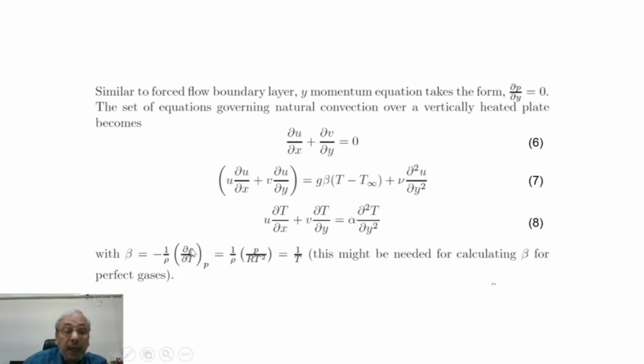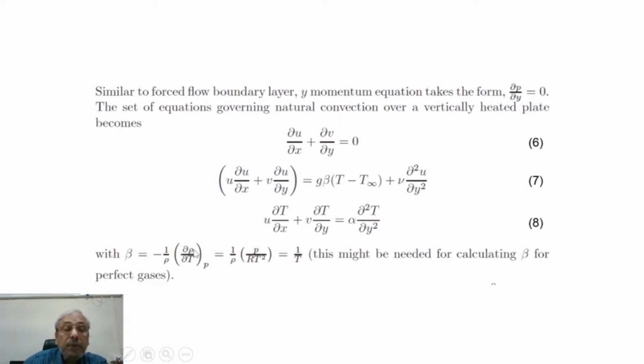So we can write the expression for rho from the ideal gas, and then we can write this as 1 by rho, P by RT squared, and then P by RT, PV equal to RT, we can again substitute here, and basically we can write this as 1 by T. So P by RT becomes rho, and then this becomes 1 by T. So beta for perfect gases is minus 1 by rho ∂rho/∂T at constant pressure.